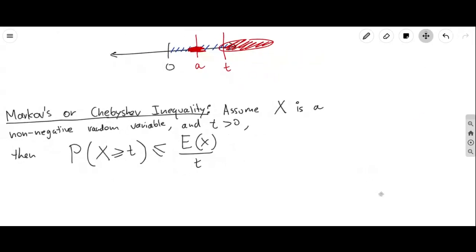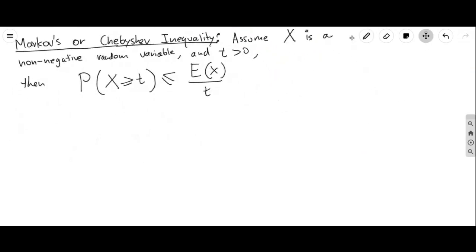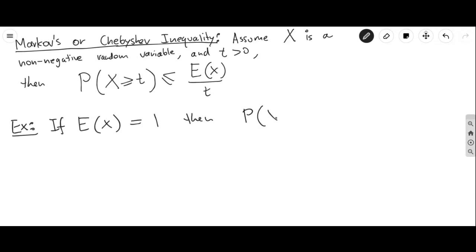So, for example, to show you an example, if the expectation of x is equal to 1, we have a non-negative random variable and the expectation is 1, then the probability that x is greater than or equal to 5.